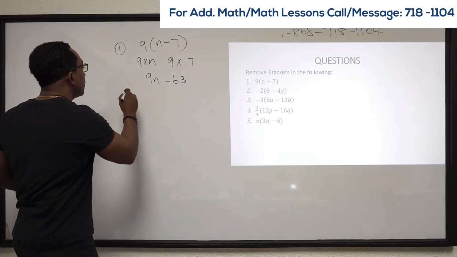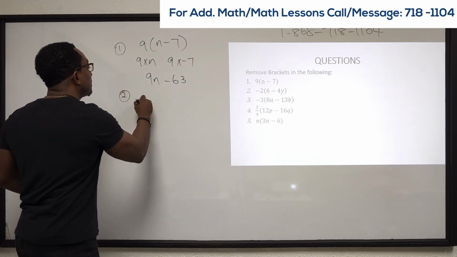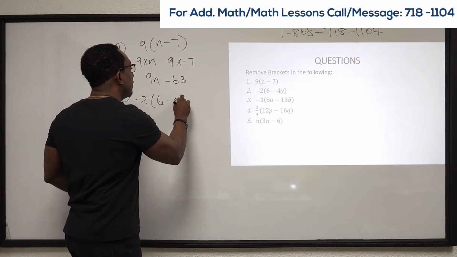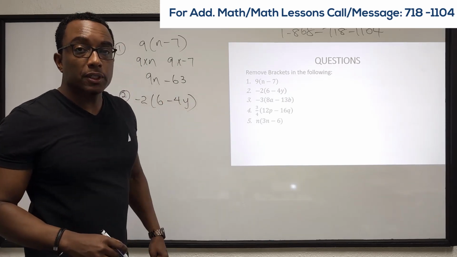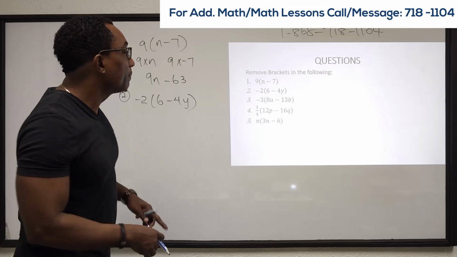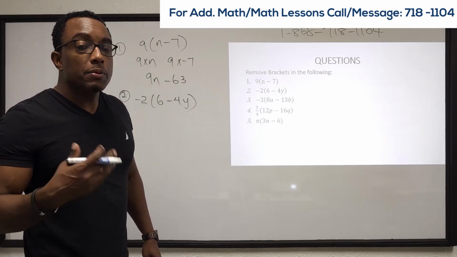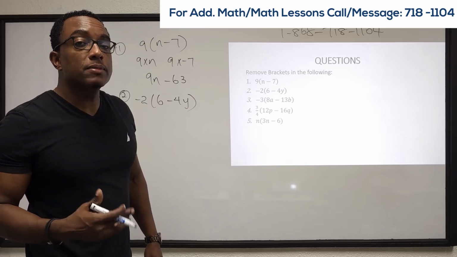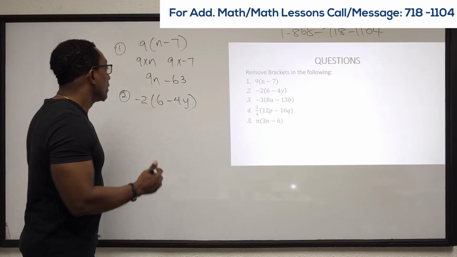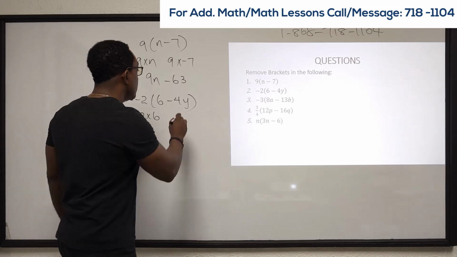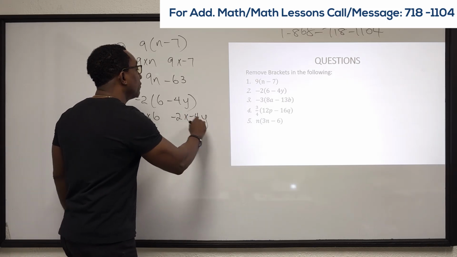Let's look at 2. We have negative 2, and within the bracket 6 minus 4y. So we have our algebraic expression within the bracket. So to remove the bracket, we're going to take negative 2, which is outside of the bracket, and we multiply by each one of the terms of the algebraic expression within it. So negative 2 by 6, and this is negative 2 by negative 4y.